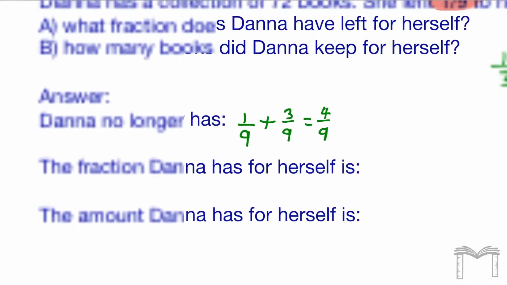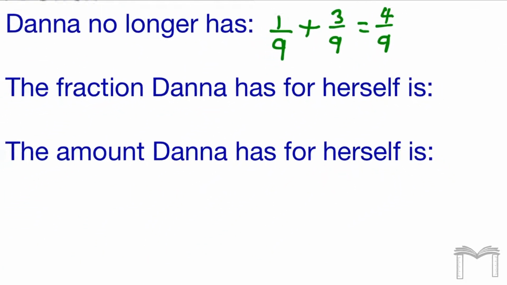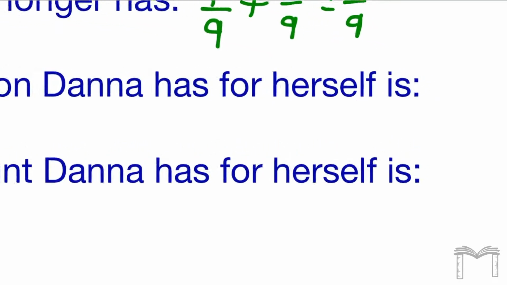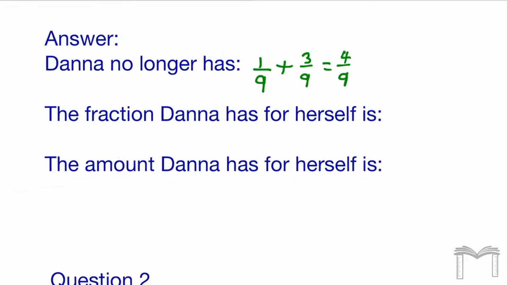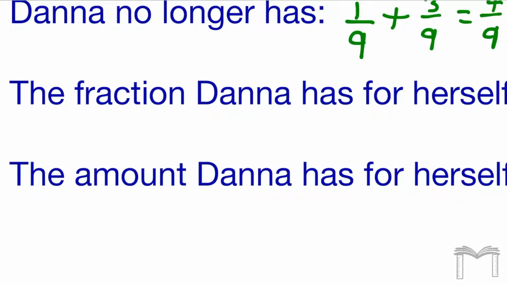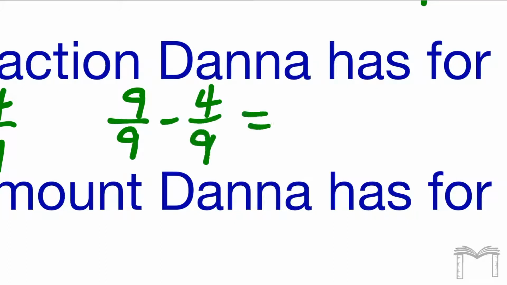So the fraction that Diana has left for herself is 1 whole take away 4/9. So let's work that out here. A whole take away 4/9. We can write a whole as 9 over 9. When we take 4/9 from it, we'll get 9 take away 4 is 5, so that's 5/9.